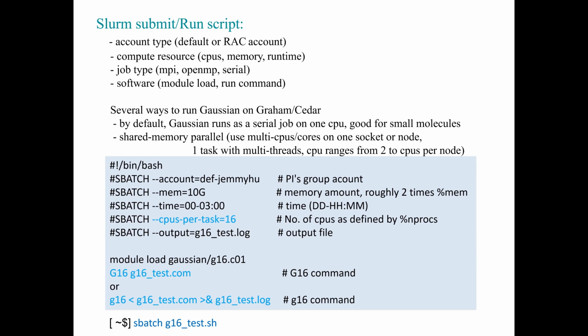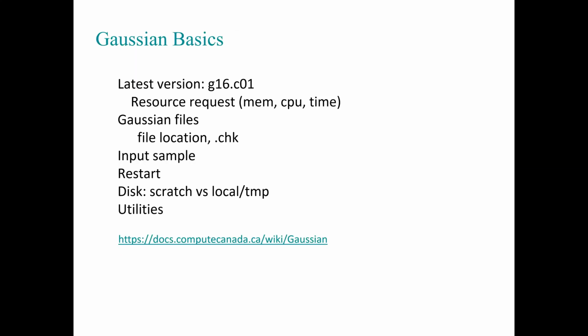It's not consistent there. And then for the files, I think you need to understand where your files will stay and which files you need to limit yourself on. So we'll start with simple examples to help you understand it a bit. Then we talk about a little bit of restart. And then we again use examples to show the scratch or the local disk.